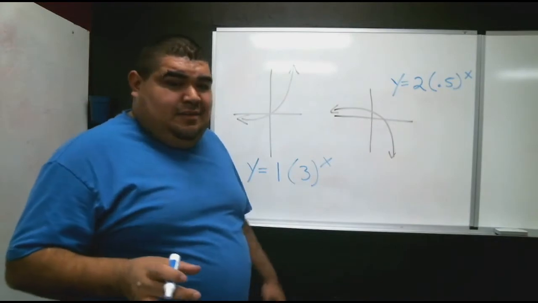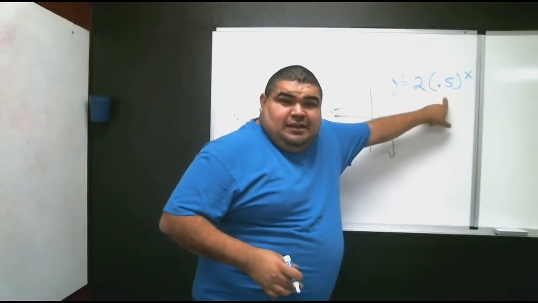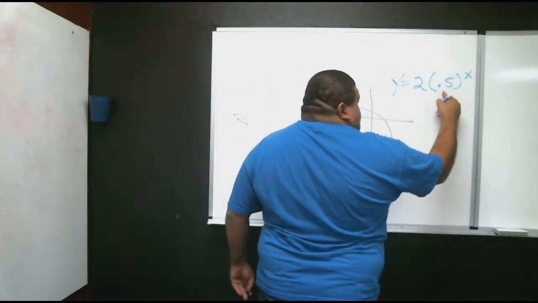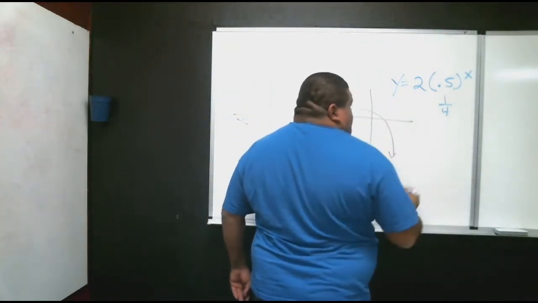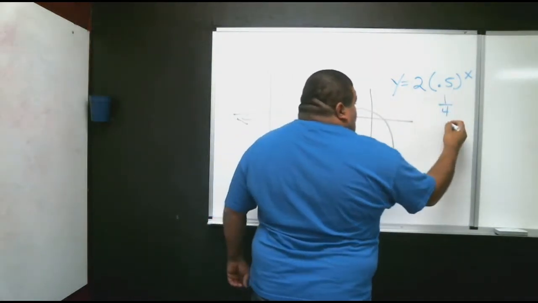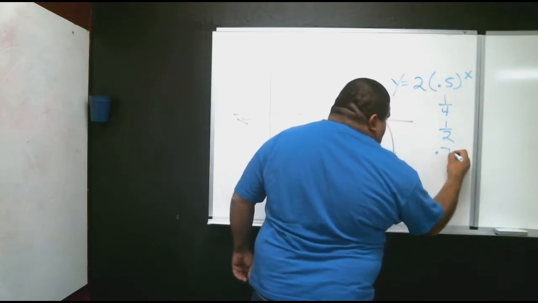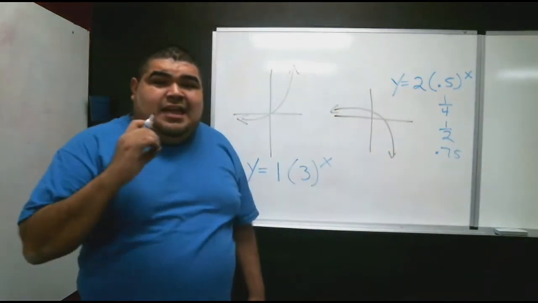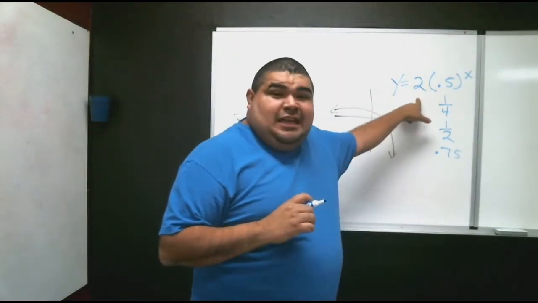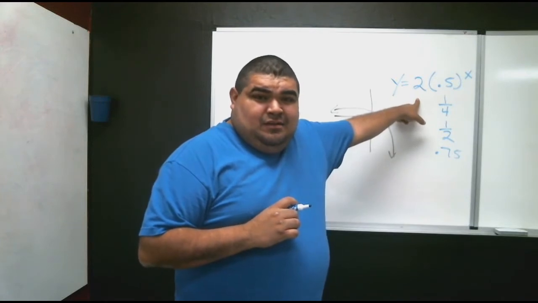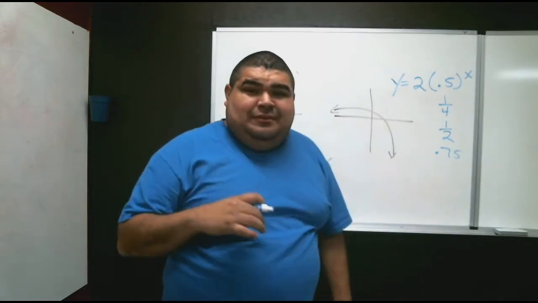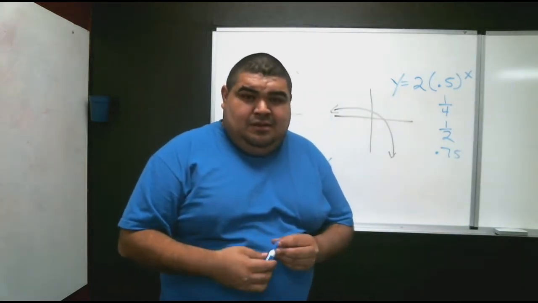That means it's going to decay, because your b is in between 0 and 1. Also, if you had 1/4 instead of 0.5, it's still less than 1 but bigger than 0. 1/2, even 0.75, anything in between 0 and 1 for b, as long as a is positive, you're going to have an exponential decay.